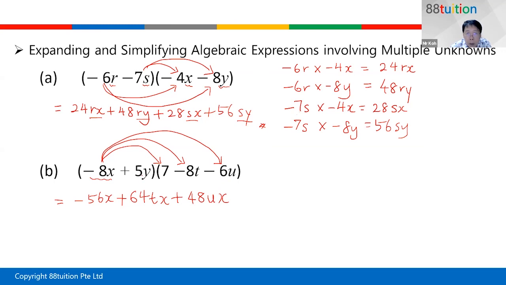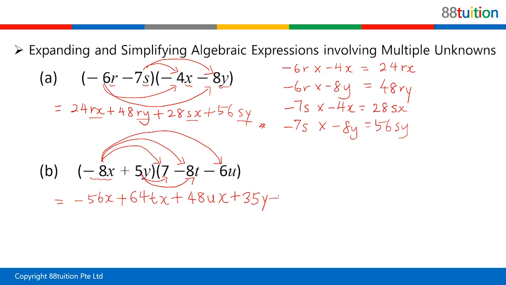Now we will do the second term. 5y times 7. What will you get? 35y. You must remember the y. Next one, 5y times minus 8t. Minus 40yt.